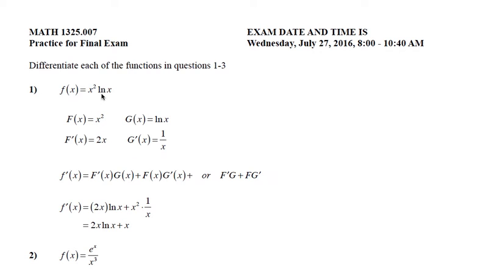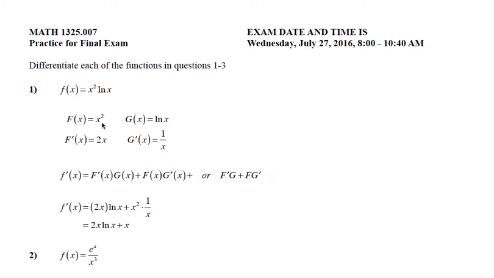We identify the second function as g. And I strongly recommend that this is what you do when you work this problem. Break those two down like that, and then take the derivative of each.